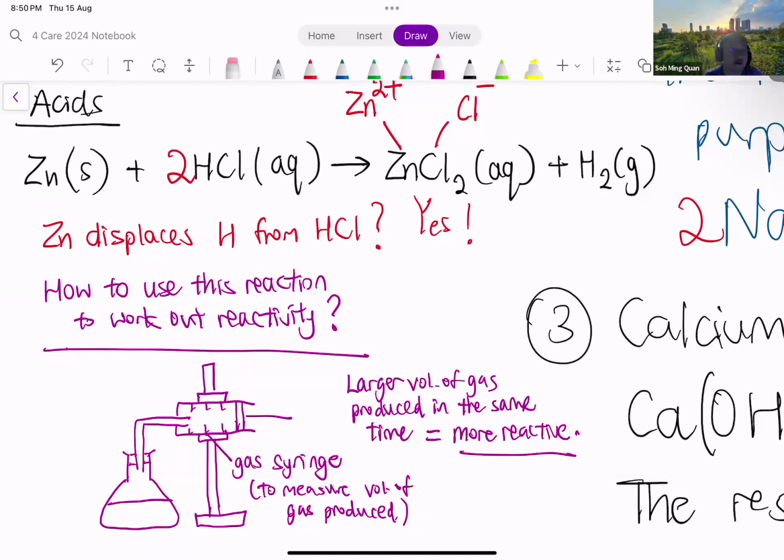This is one very simple and very good way of working out the order of reactivity of, let's say, 4 different unknown metals. Just put the metal into some HCl, connect it to a gas syringe to measure volume of gas produced. If there's a larger volume of gas produced in the same time, let's say 1 minute, then it's a more reactive metal.